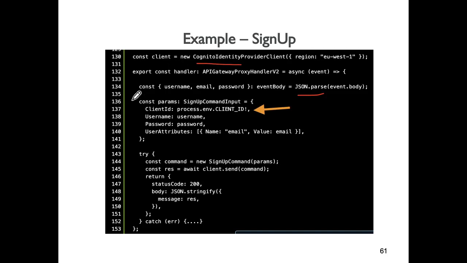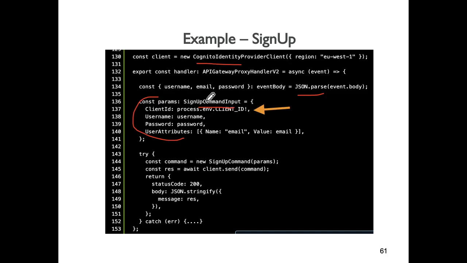With that in mind, the command that we want to send to Cognito is a sign-up command. First of all, I need to construct the properties of that sign-up command, and that's what I'm doing here. We'd obviously need to know the structure of that type, but I'm giving it to you anyway.